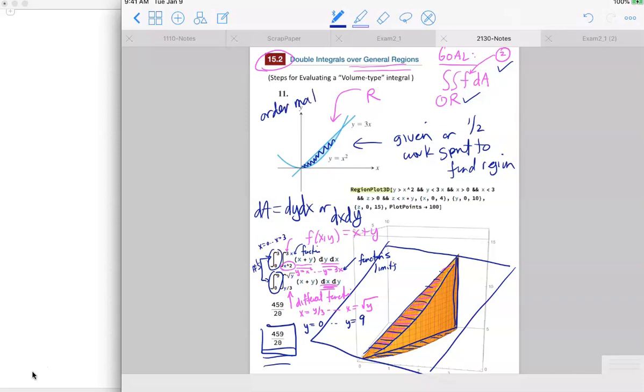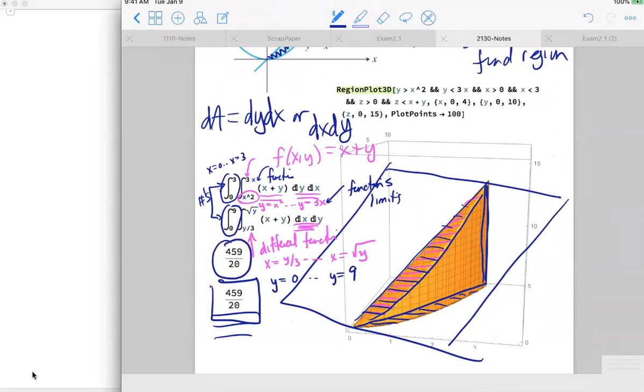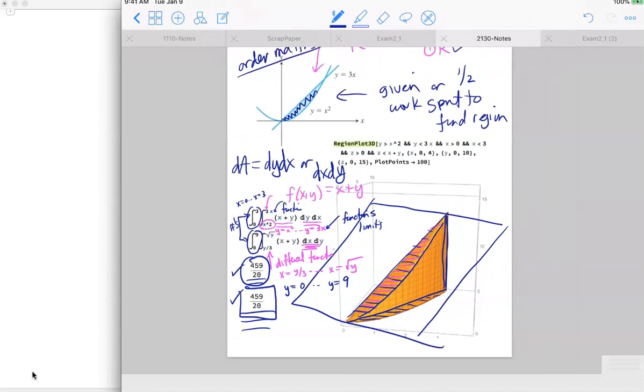The order matters in the sense that you may have to change the limits of integration. The order will not matter in the sense that no matter which order you evaluate, you'll get the same number in the end. Okay? So your integrals may look very different from each other, but they should evaluate to the same number.